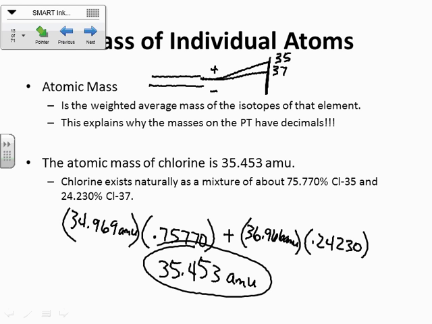Or actually, it's right here. What percentage of chlorine would have a mass of exactly 35.453 AMU? Any ideas on that one?